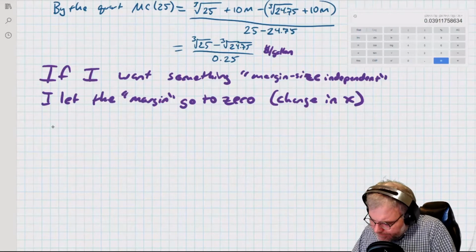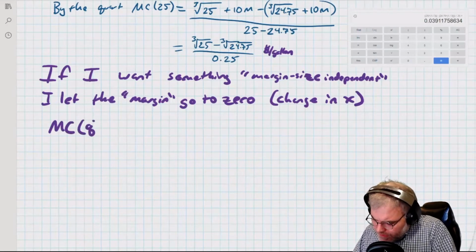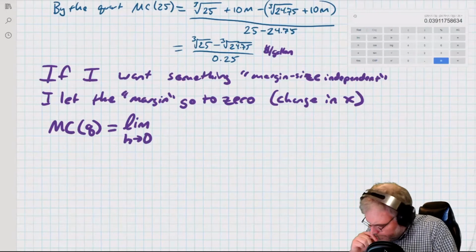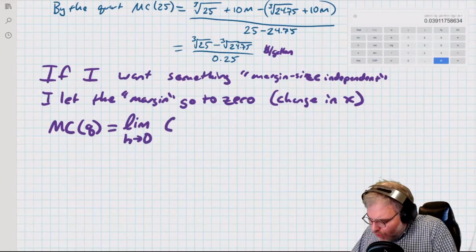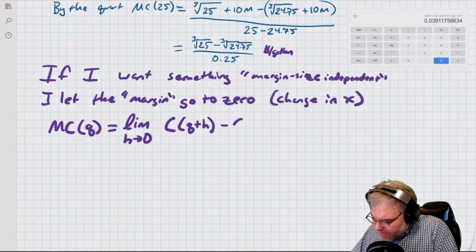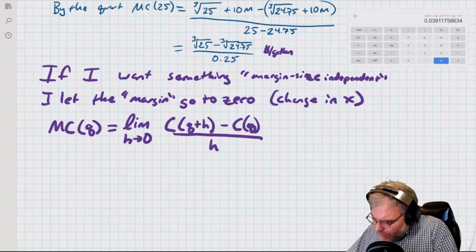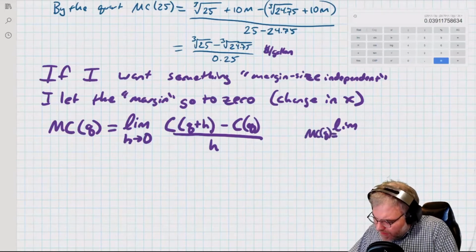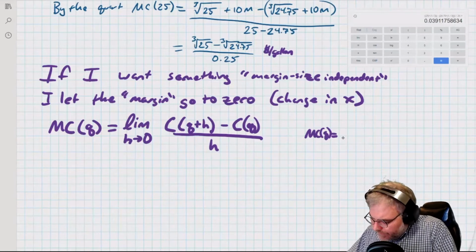I've got the limit, the marginal cost in terms of quantity would equal then the limit as the change goes to 0 of cost in terms of quantity plus h minus C of Q over H. Or I could say the limit as MC of Q equals the limit as Q, I want to say the margin, and the margin here is 1, right? So I'm just going to leave that like it is.